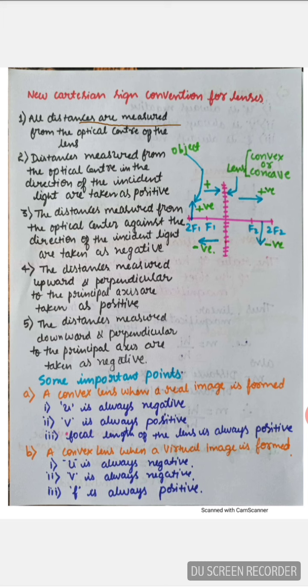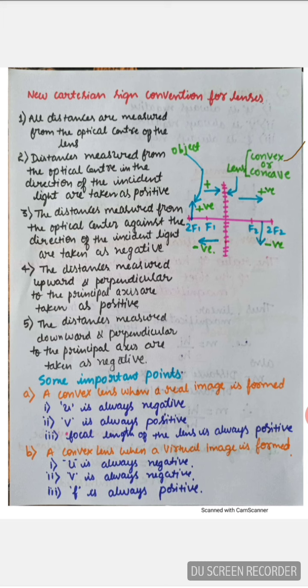In the case of a mirror, the first sign convention says that all distances are measured from the pole of the mirror. In the case of a lens, all distances are measured from the optical center of the lens. So you know what the optical center is. This point we call the optical center. From the figure, this is the lens.